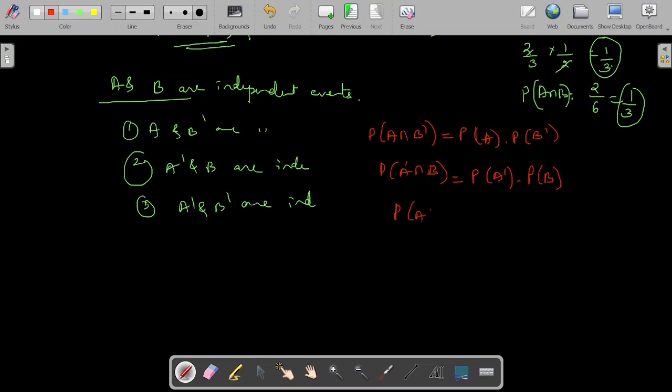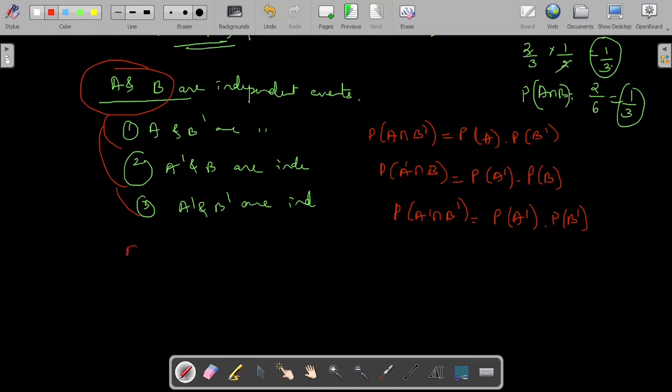P of A dash intersection B dash is equal to P of A dash into P of B dash, because A and B are independent. If this is given, then these three also follow: A and B dash are independent, A dash and B are independent, A dash and B dash are also independent.